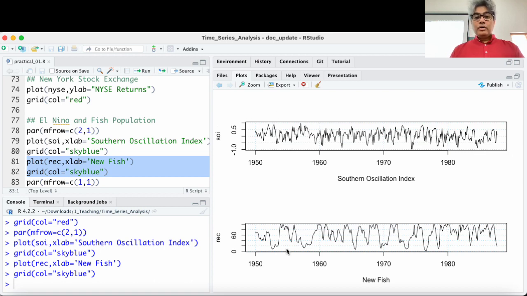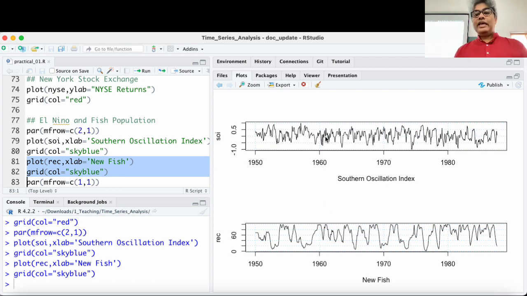So when the number of new fish goes down, that means diversity in the ocean has gone down, and when the new fish goes up, that means the diversity of the ocean has gone up. And the question is whether Southern Oscillation Index and the fish diversity are correlated or not.